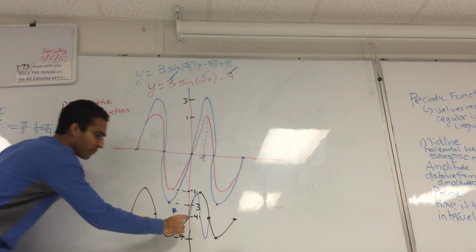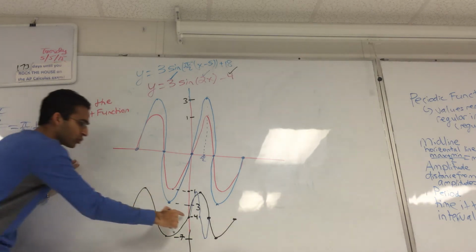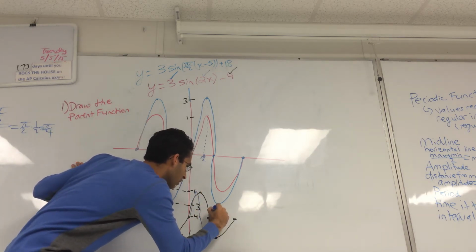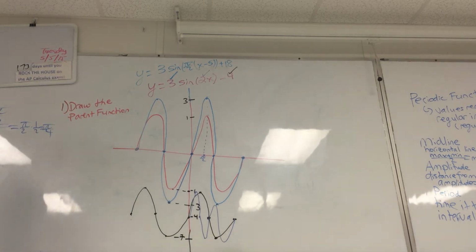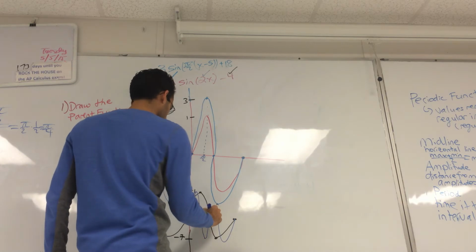So notice I just shrunk the period. It used to take me from here to here, from 0 to 2 pi to make one cycle. Now it just took me from 0 to pi. And I can just do it all again. This should probably come up a little bit.